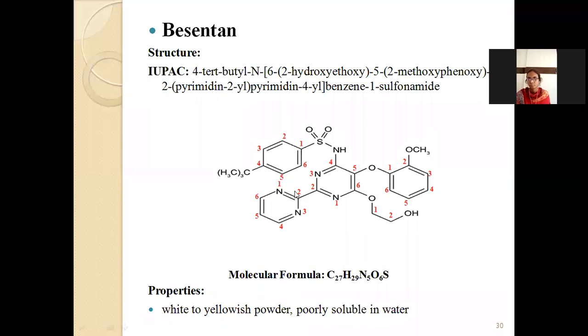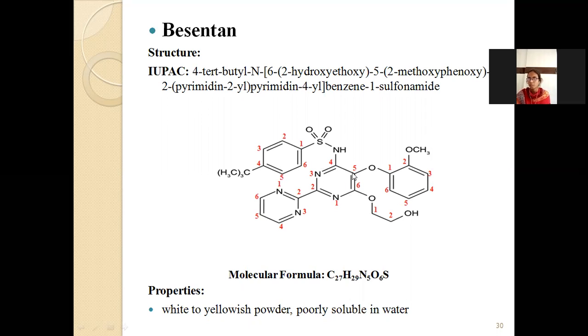Here 4. In the fourth position, how many carbon atoms are there here? 3 and here 1. So it is the butyl. In the fourth position, that is the butyl, and here in the first position the sulfonamide group is there. See here in the first position sulfonamide, and this is the benzene structure. So here in the first position the pyrimidine structure is there.